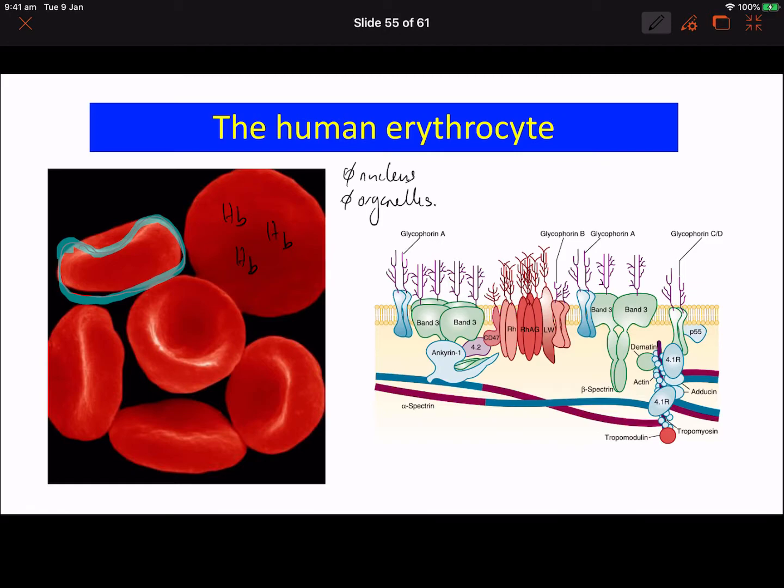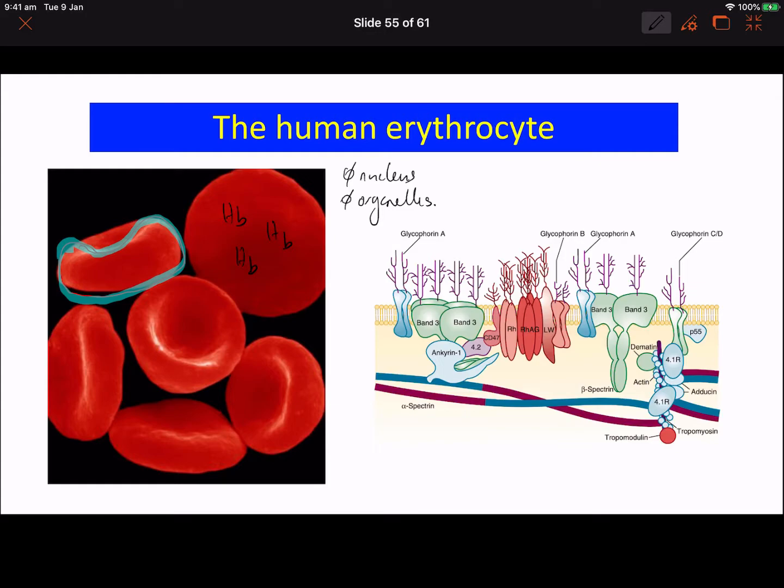And that's important because remember, it's the nucleus that synthesizes the mRNA that gets translated into proteins. Without the nucleus, we really cannot synthesize proteins. Without endoplasmic reticulum, without the ribosomes, we cannot translate proteins. So the red cell has to cope without all of these things. It can't make new enzymes, can't make new functional proteins.